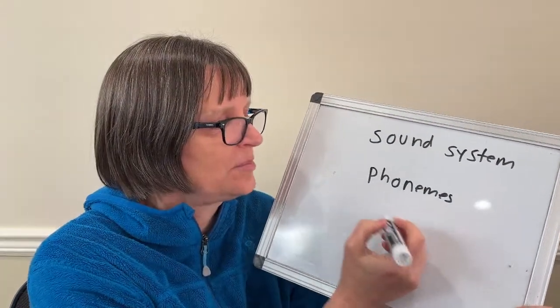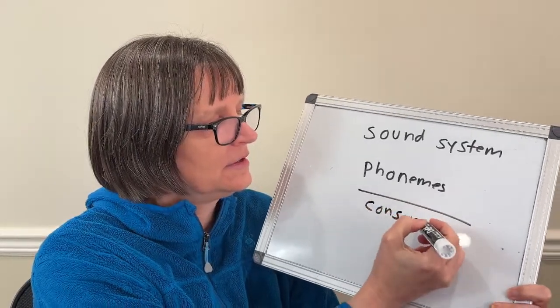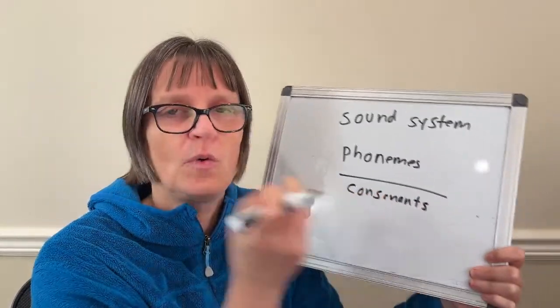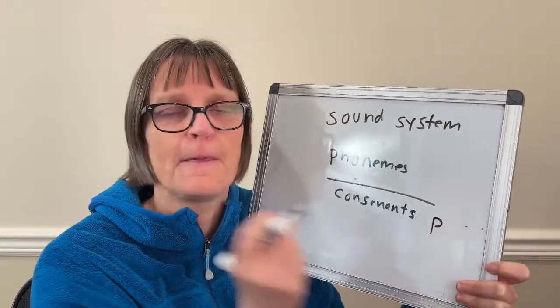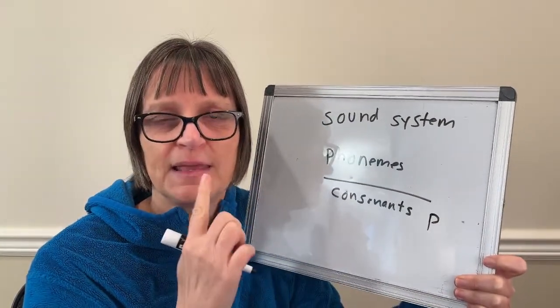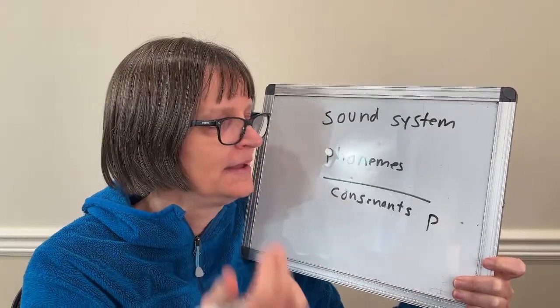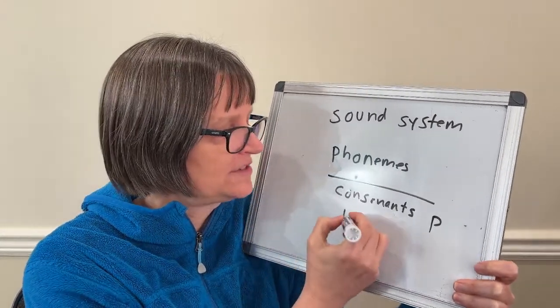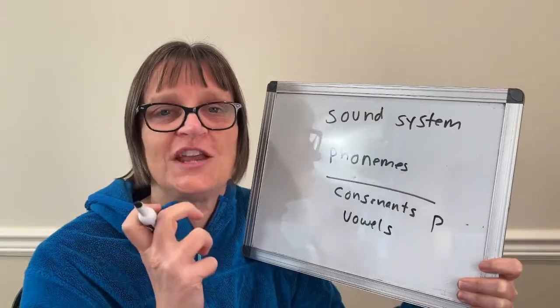When I'm talking about sound system, I'm talking about what we have in our mind for categories of sounds. So, for example, we have consonant sounds. Consonants are made when something in the mouth is touching and producing something. So I have, for example, the p sound is a bilabial consonant because I'm putting my lips together and releasing them. We have vowel sounds, which are made by changing the shape in the mouth.